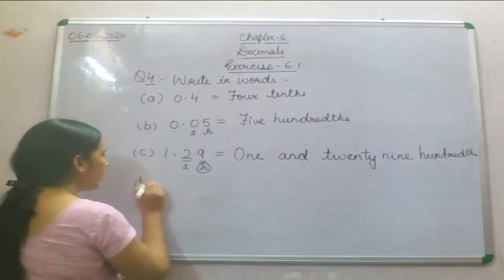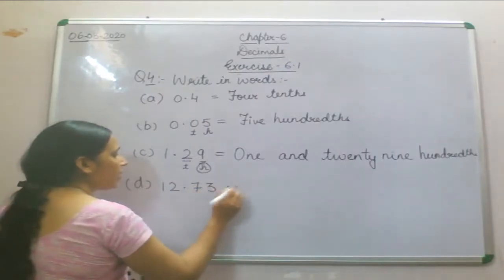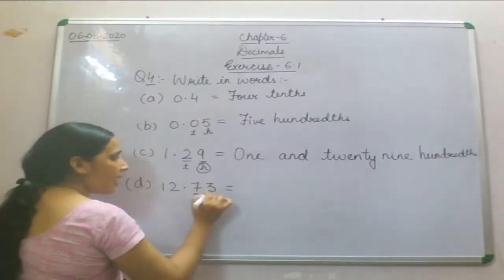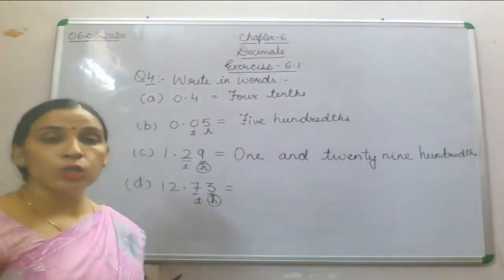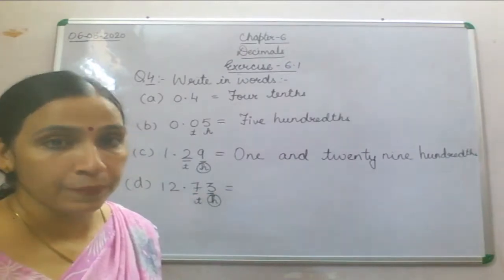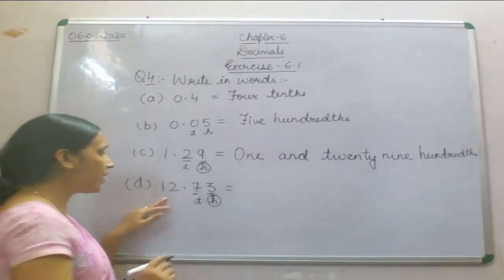That is again 12.73. Now again this is your tenths place and this is your hundredths place. So we are going to take the bigger place value, that is hundredths. So we will write 73 hundredths. And what do we have in the whole number? That is 12.